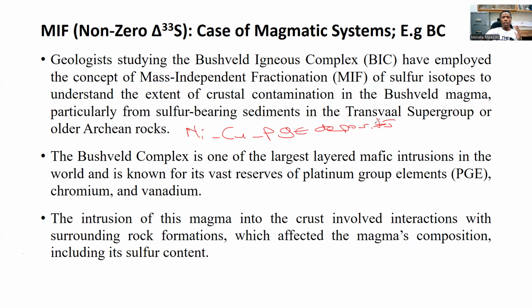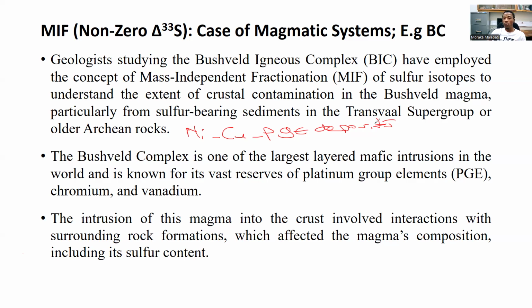Geologists studying the Bushveld Complex have employed the MIF of sulfur isotopes to understand the extent of crustal contamination, particularly from sulfur-bearing sediments in the Transvaal Supergroup or older Archean rocks. So these MIFs will tell us much about magma-country rock interaction.